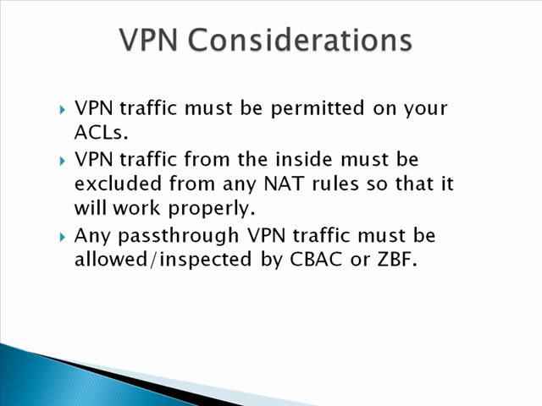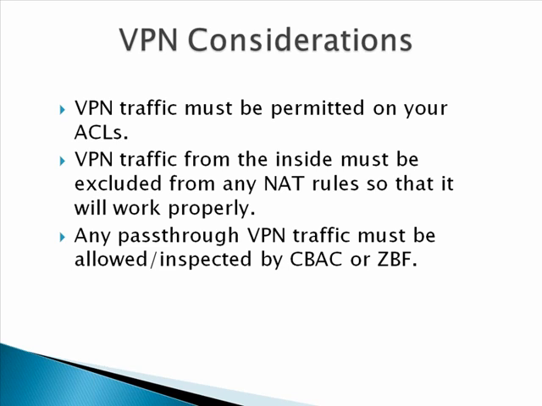You have to exclude the traffic that's going to go across the VPN tunnel from your NAT rules, otherwise it's never going to have the right address, it's never going to trip the crypto ACL, and it's never going to go across the tunnel. So remember to exclude any corporate network to corporate network traffic that has to go across the VPN. Exclude that from your NAT rules.